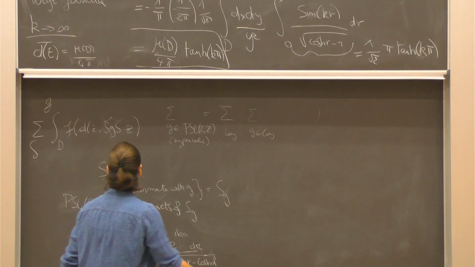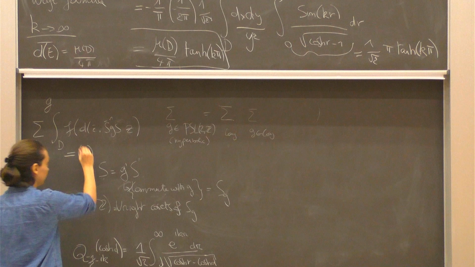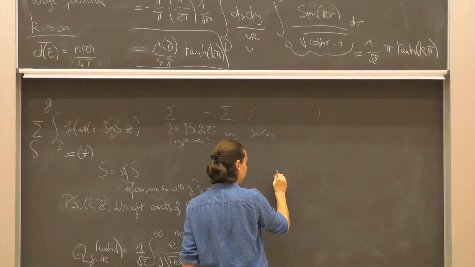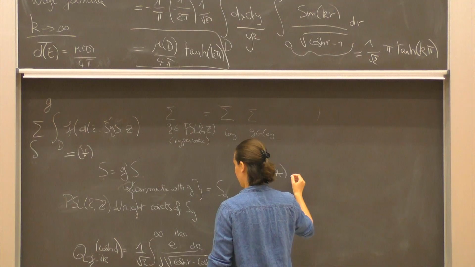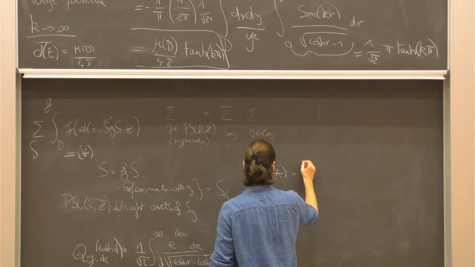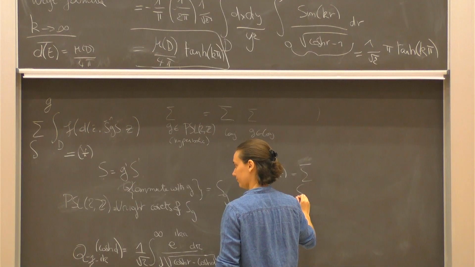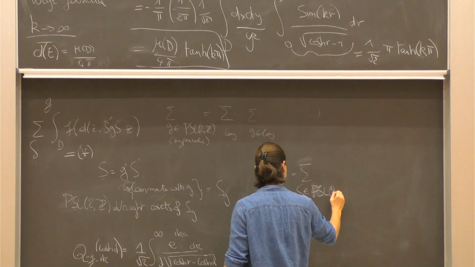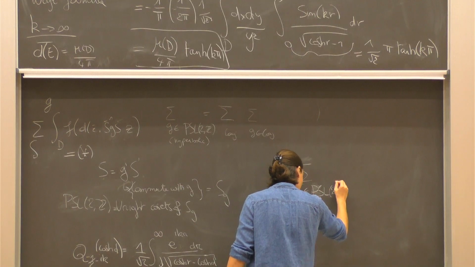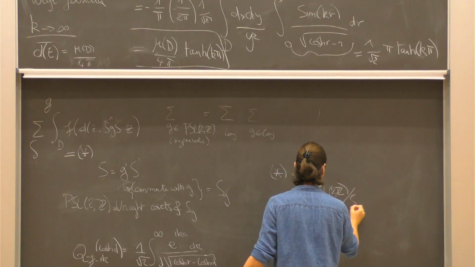Then you can write this as an element of PSL2Z, and then the quotient by SG basically.